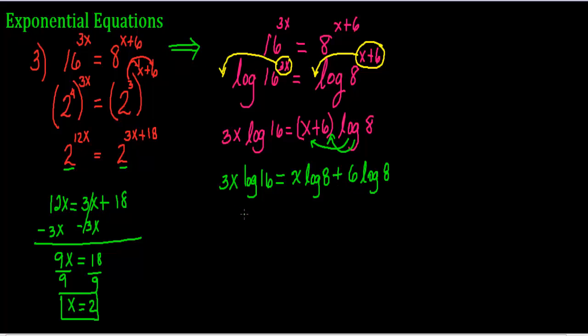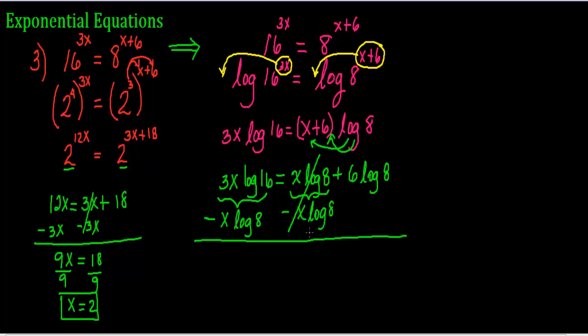And now I have a term here that has an x, and I have a term here that has an x also. So I want to join these terms together on one side of the equation. To do that, I would subtract x log of 8 on each side. On this side, they're gone.